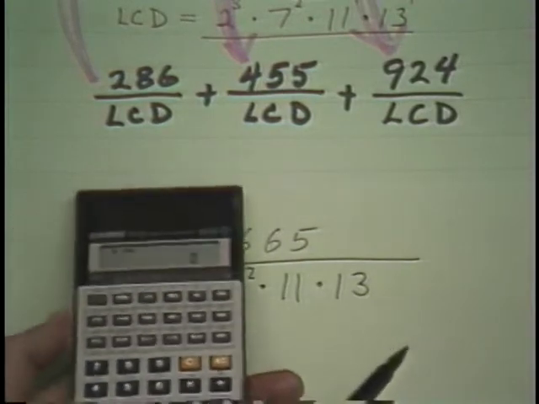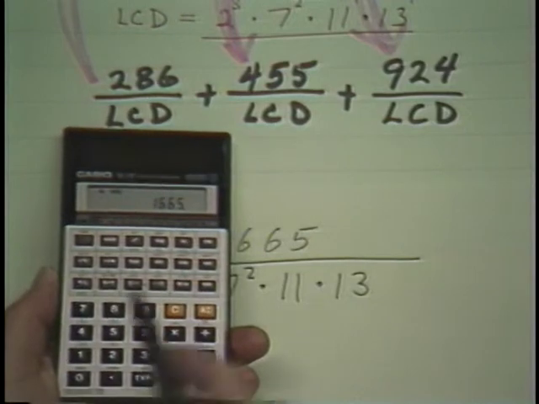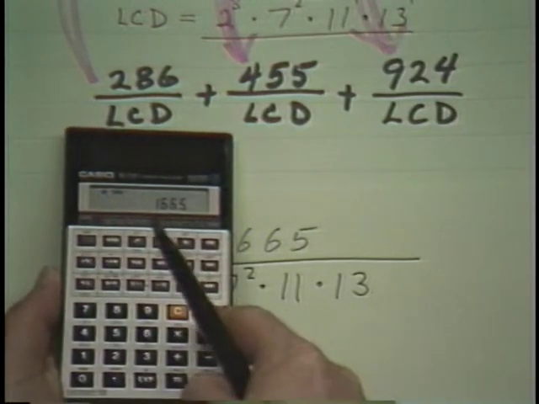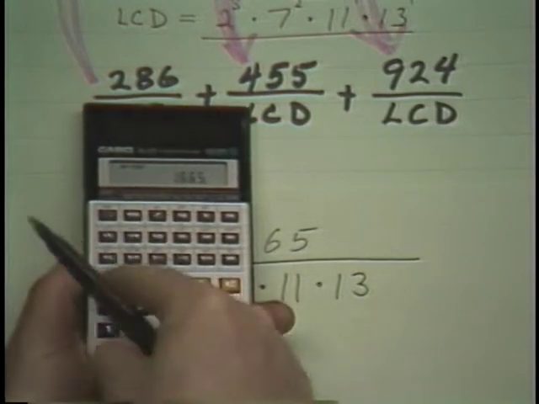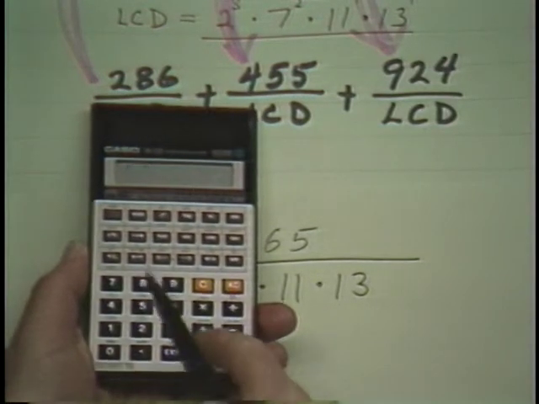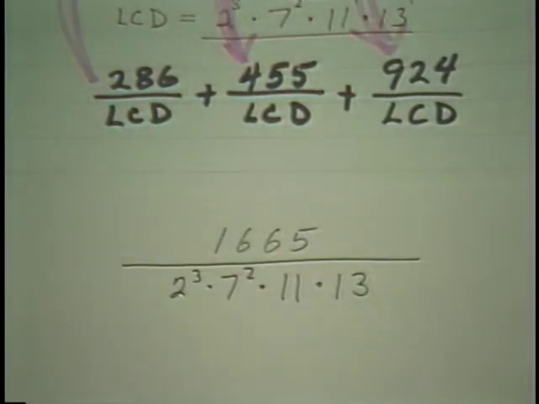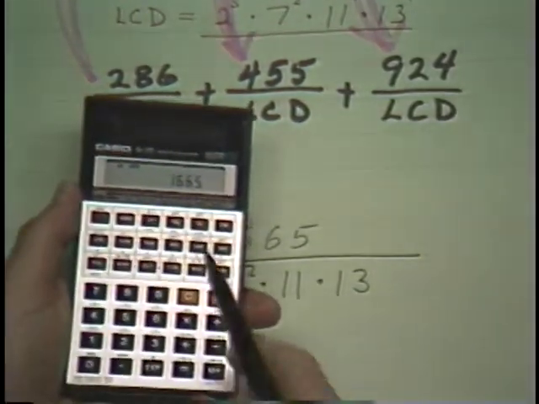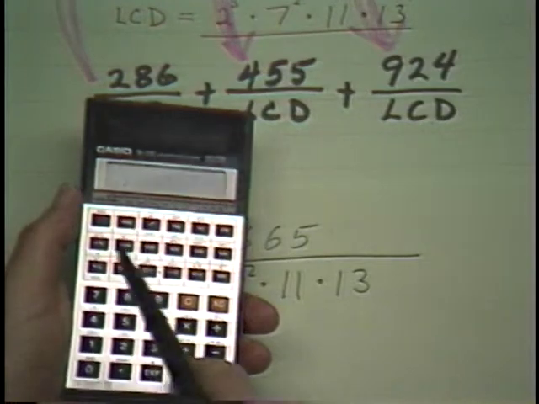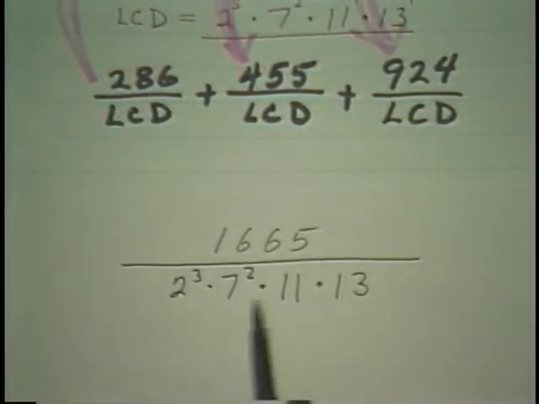So we'll take the top, which is 1665, and just check to see if it's divisible by this factor, 7. I get a decimal, so it isn't. So I try the same top, 1665, and see if it'll divide by 11. I get a decimal, so it's not divisible by 11.